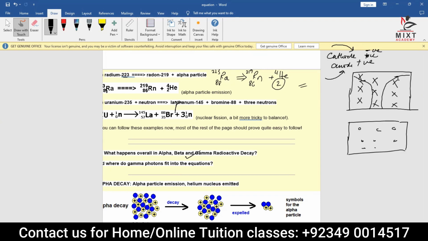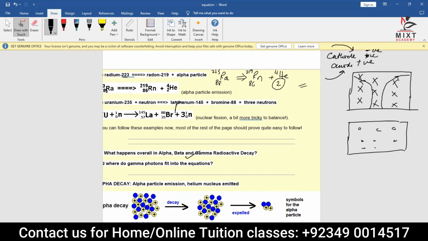It's the same with a helium nucleus. When it comes out from any particular atom, the mass number is reduced by 4 and the atomic number is reduced by 2. Understood, Ibrahim? Mass number reduced by 4, it's separate, and atomic number reduced by 2. Two separate things, absolutely. Because mass number includes your number of protons plus number of neutrons, technically.